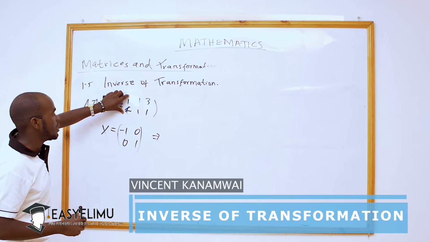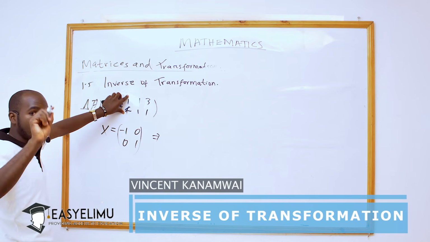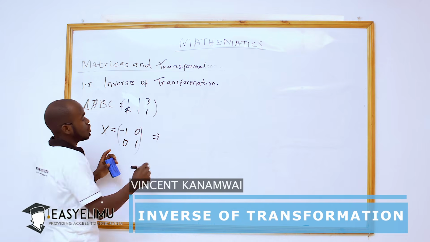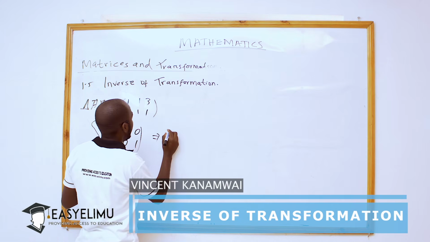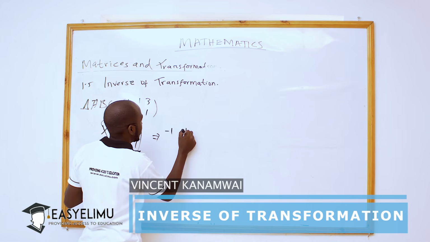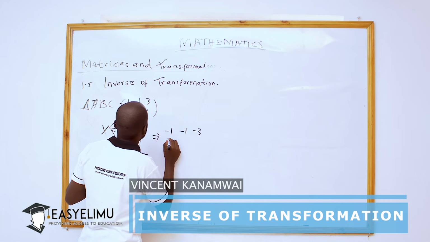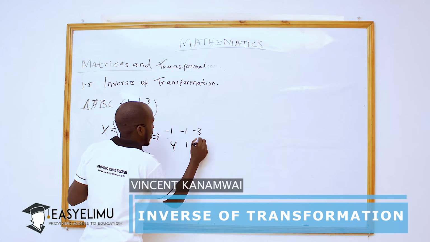If you transform this triangle using the method I have shown you, it will give you -1, -1, -3, 4, 1, 1.